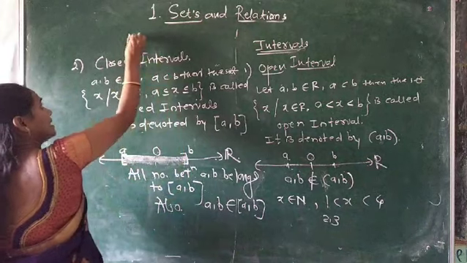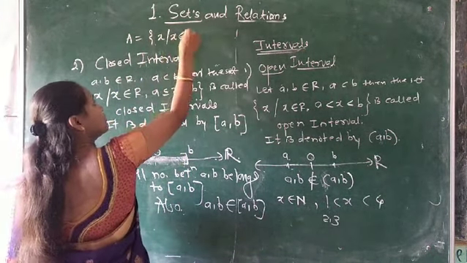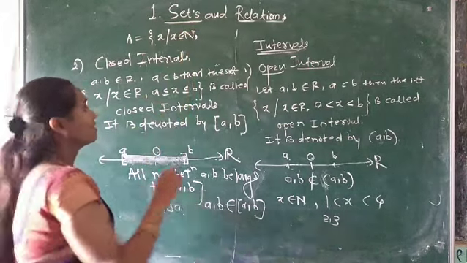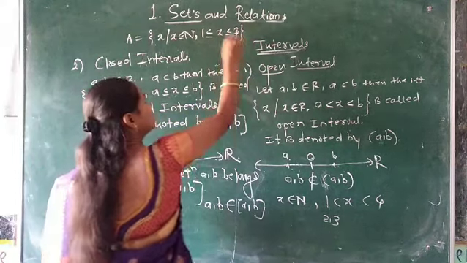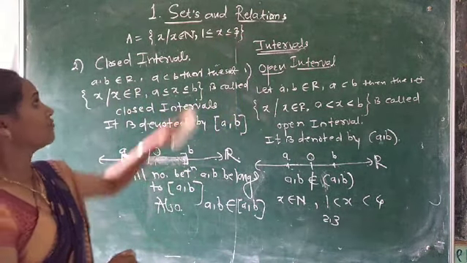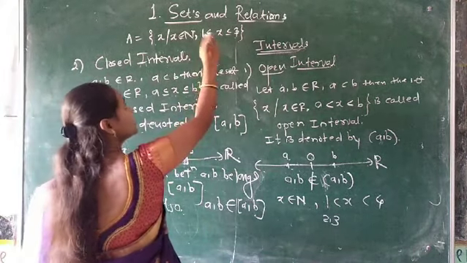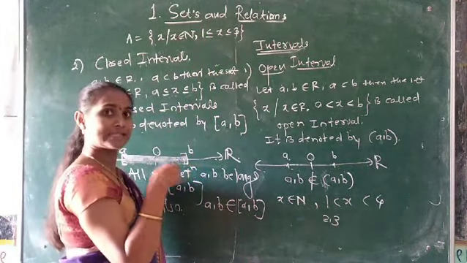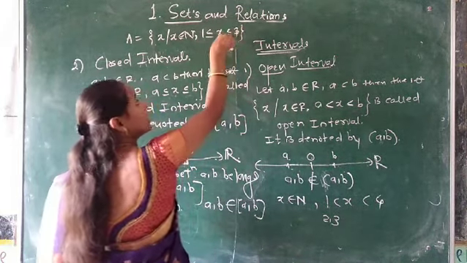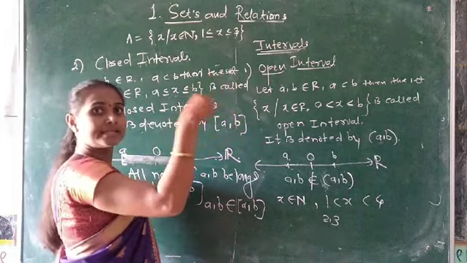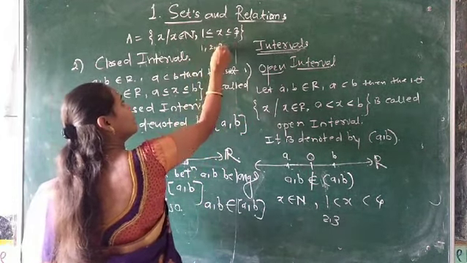If I write A is equal to x such that x belongs to N, x is a natural number and 1 less than or equal to x less than or equal to 3. So which elements are there in this interval? x is greater than or equal to 1. That means x is 1 or greater than 1. But it is less than or equal to 3, so it includes 3. So the elements of this set are 1, 2 and 3.